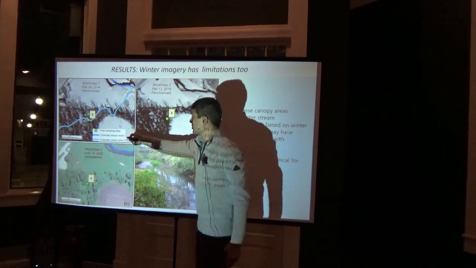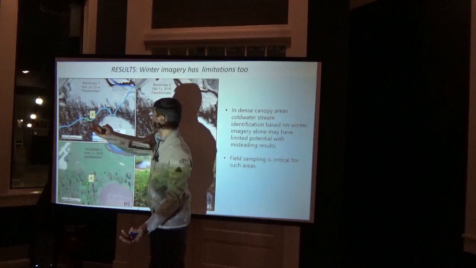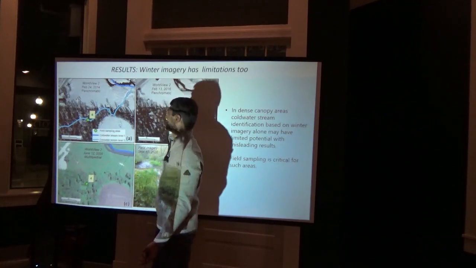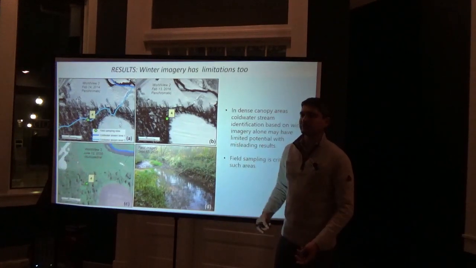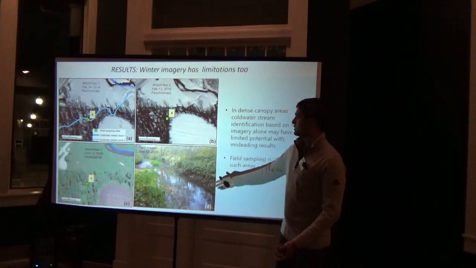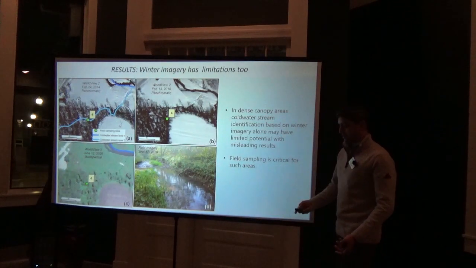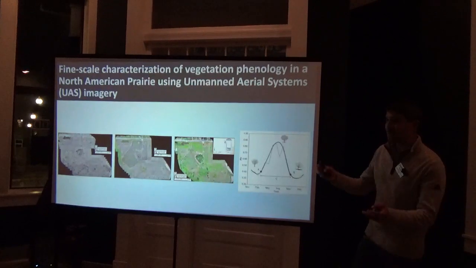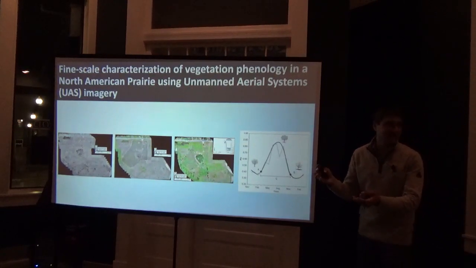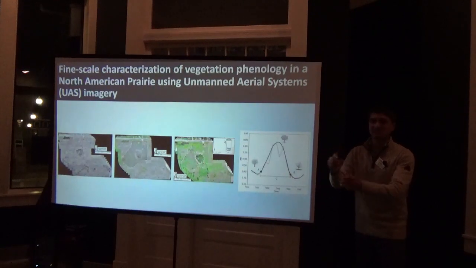So it's hard to interpret where the stream is, even if it's 40-50 centimeter winter imagery. So we are still missing a lot of quality trout streams, which we can see in drone imagery, but not in high resolution winter imagery. So I hope that makes sense. Satellite imagery, even in the winter, at 30 centimeter, has limitations.